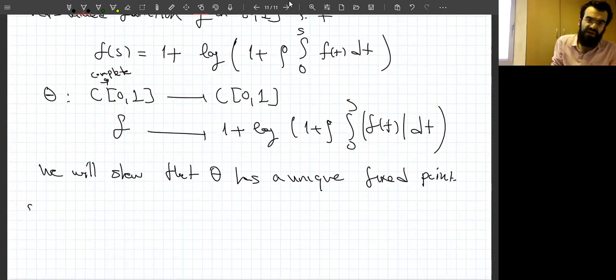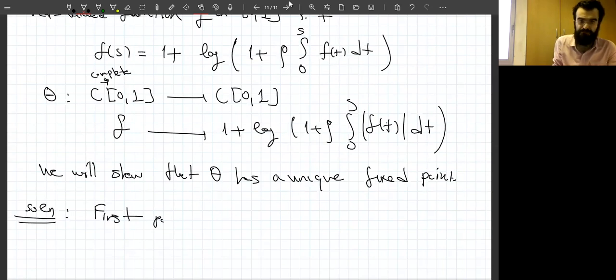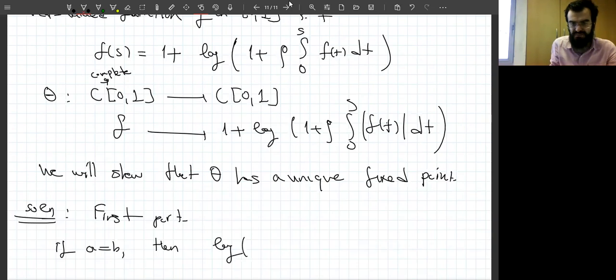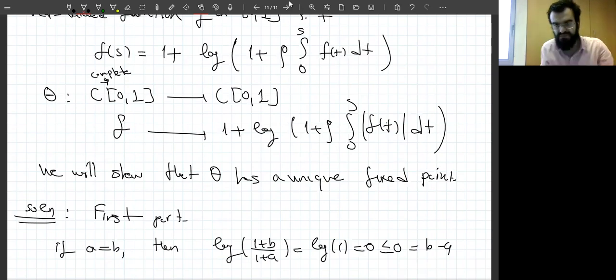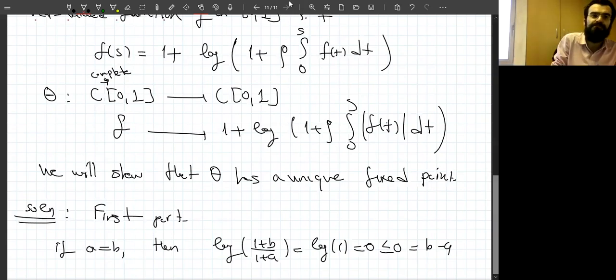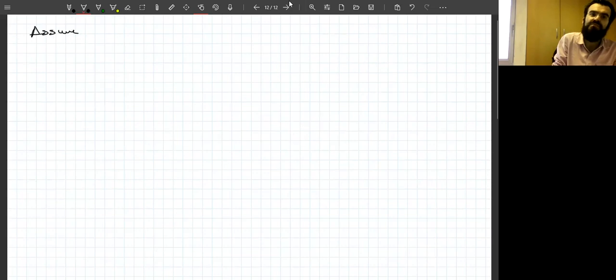Okay. Now let me solve the first part. If a equals b, then clearly logarithm of 1 plus b over 1 plus a is logarithm 1, which is 0, which is b minus a. Assume a is less than b.